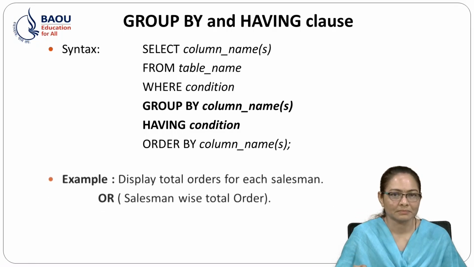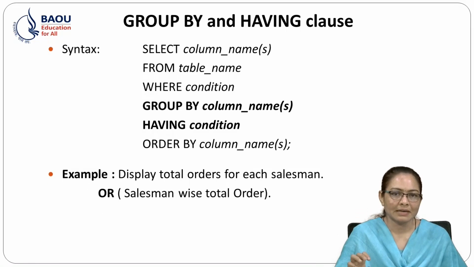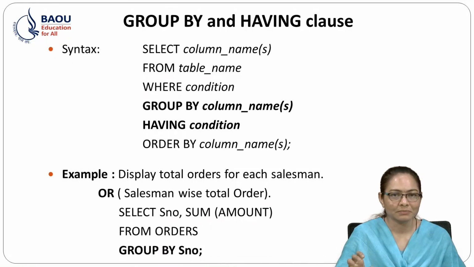Here in the example, display the total orders for each salesman, or the salesman-wise total order. See how to write the command. Select salesman number, comma, the sum function, because we want the total of the orders, so sum in brackets amount, from orders.